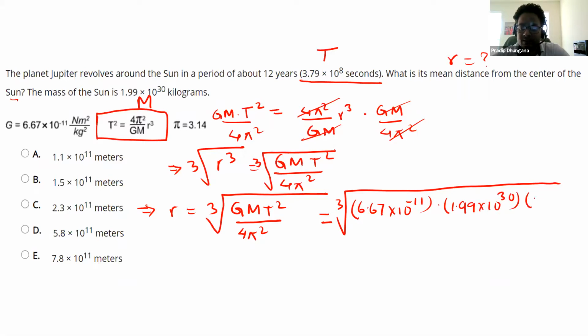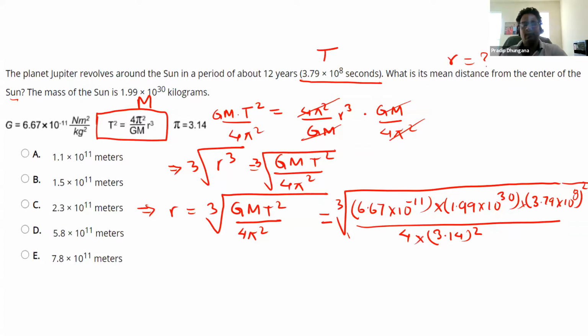T square is 3.79 times 10 to the power 8, squared. And then 4 pi square. Pi is 3.14, squared. And this is a multiplication in between, so let me put a multiplication sign.